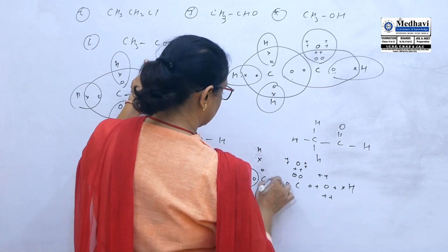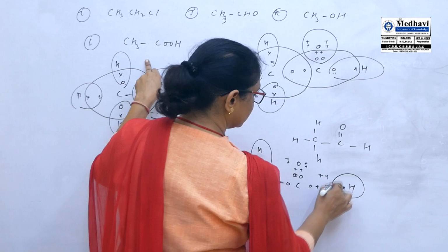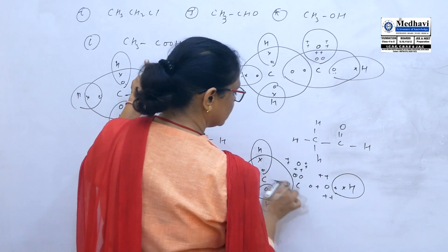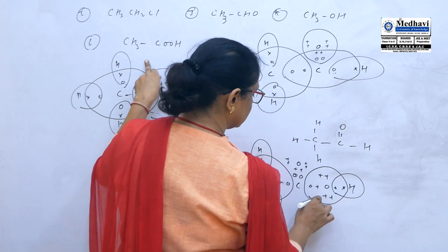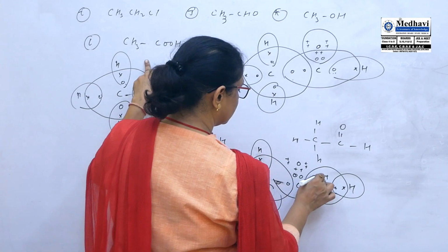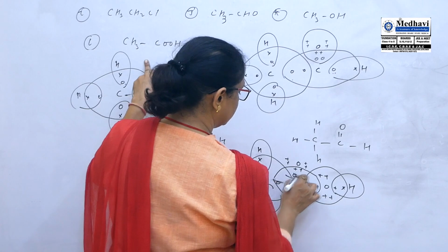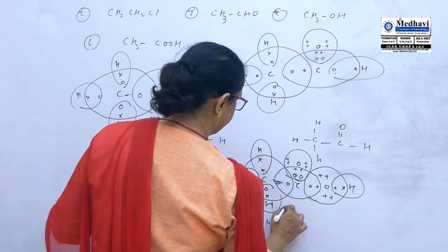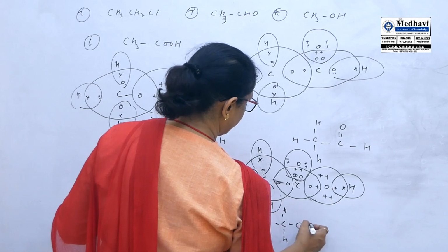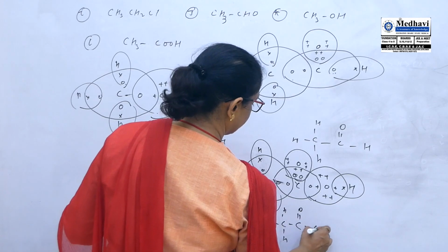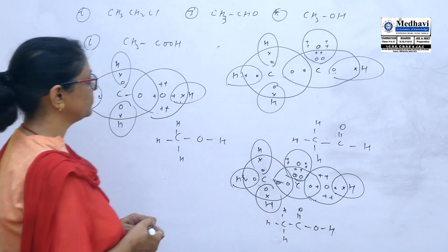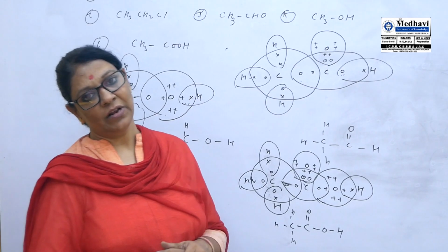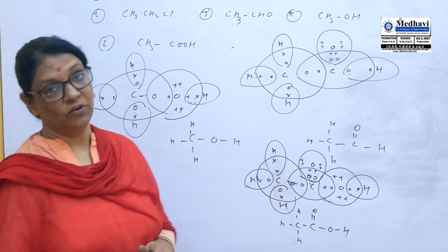Duplet, duplet, octet, octet, octet, octet. So we can write C, single bond C, single bond. So we have seen in all these compounds, octet configuration and duplet configuration has been fulfilled.